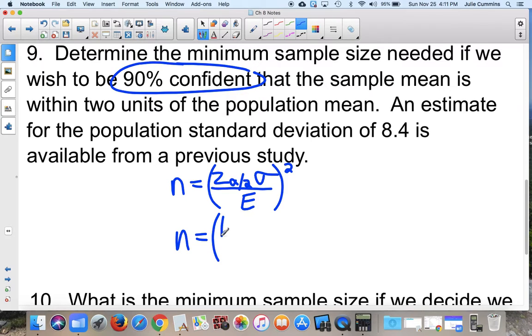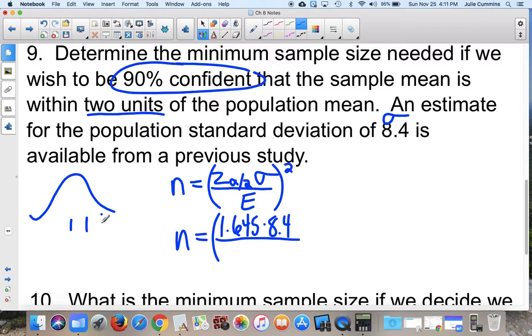So we're going to do 1.645 times sigma, that's right here, 8.4, divided by our margin of error. That told us right here we want to be within 2 units of the population mean. So wherever our population mean is, we want to be 2 this way or 2 this way. So our margin of error is going to be 2, and we'll square that.